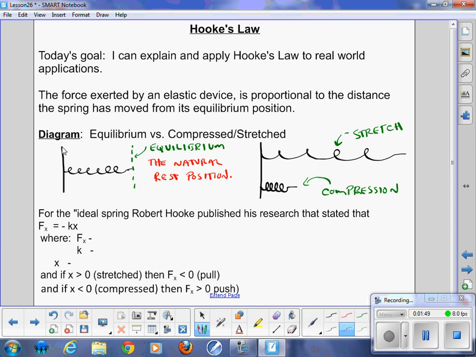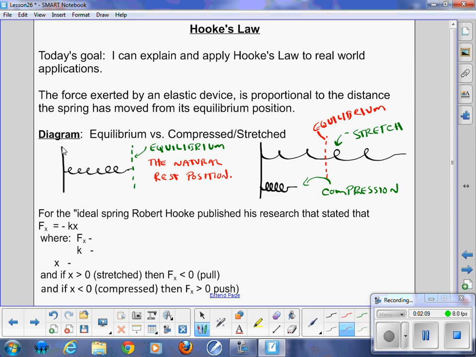And the end point is some distance away from that equilibrium. So equilibrium is where the spring would like to exist. Stretch or a compression is what we're looking at in terms of the forces acting on it.